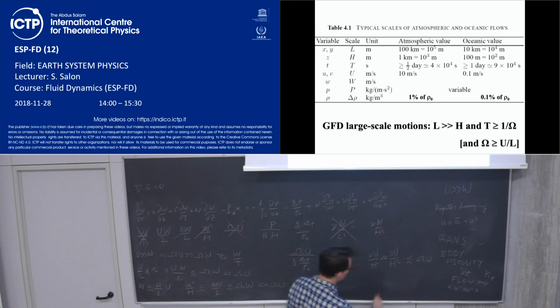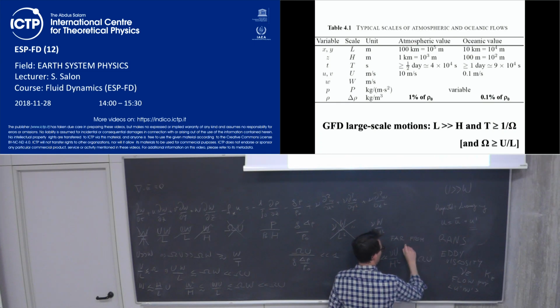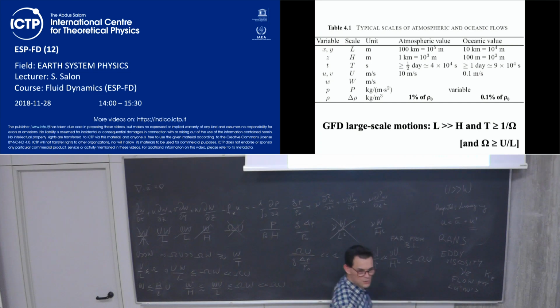Trust me, but you can also make the exercise. But you will see that if we are far from boundary layers, so our flow, wind or current, is not feeling the ground, we can say that the vertical friction related to the horizontal velocity is actually smaller, or even much smaller than the Coriolis. Okay? And this is related to a dimensionless number that is called the Ekman number.